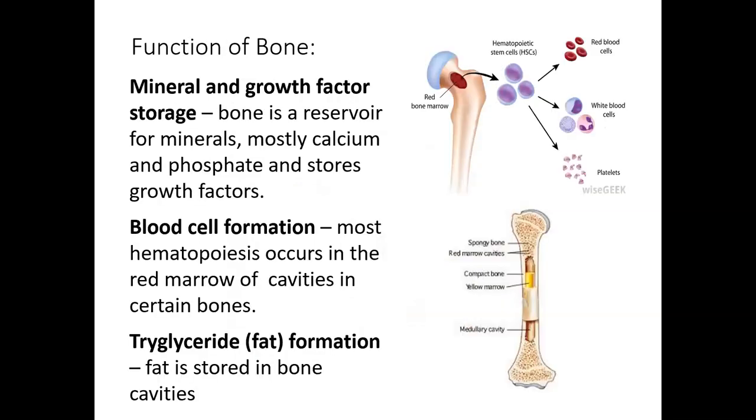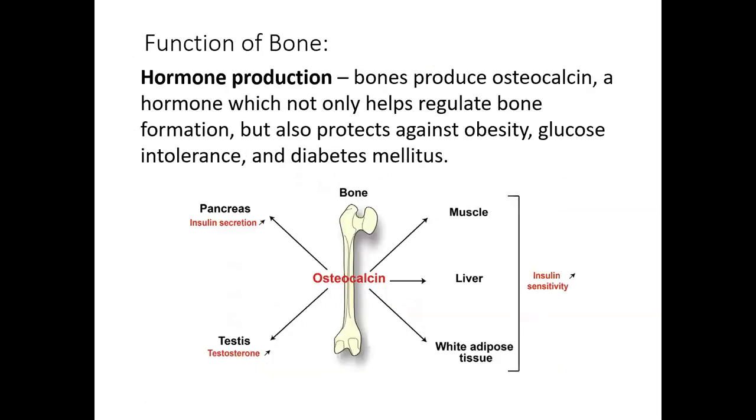D would be mineral and growth factor storage. E is blood cell formation. And F is triglyceride fat storage. And then finally, G is hormone production.